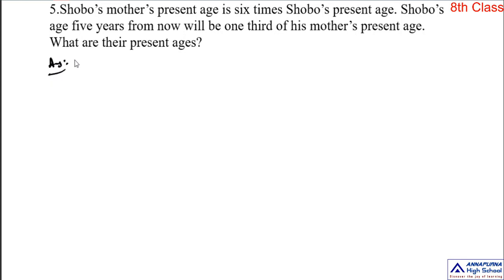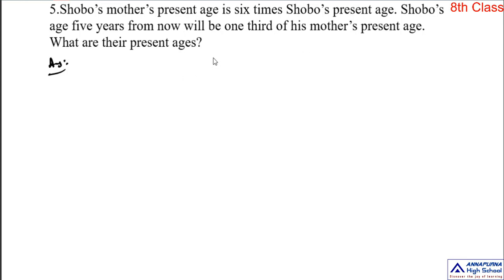Okay, at the end of the question, what we find? The present ages of Shobha and her mother. We find the two quantities, but when you observe the first statement in that given question, Shobha's mother's present age is 6 times Shobha's present age.